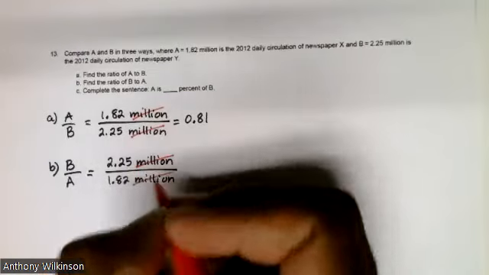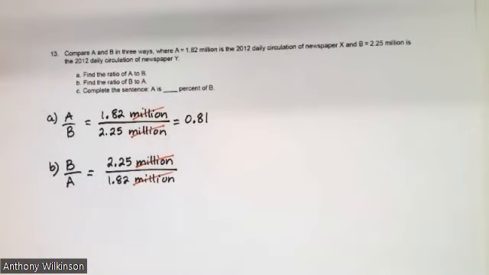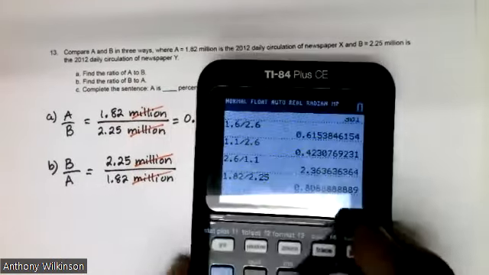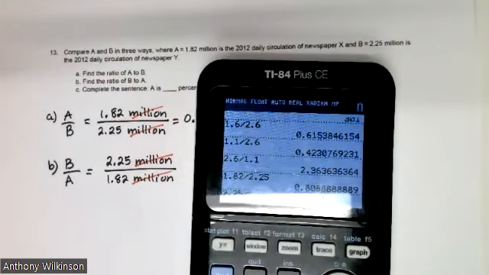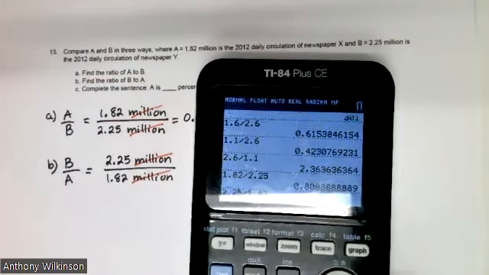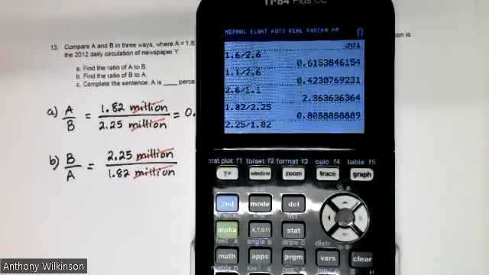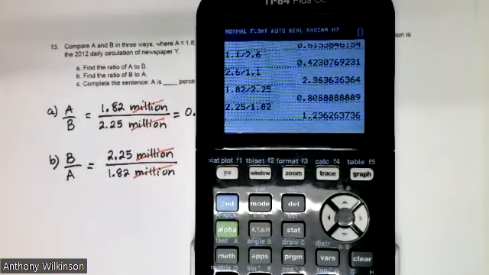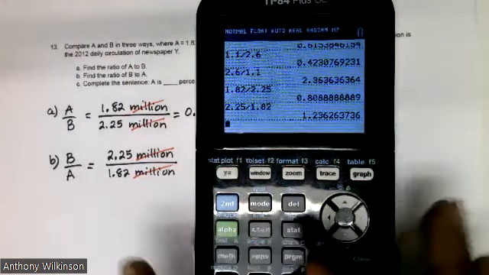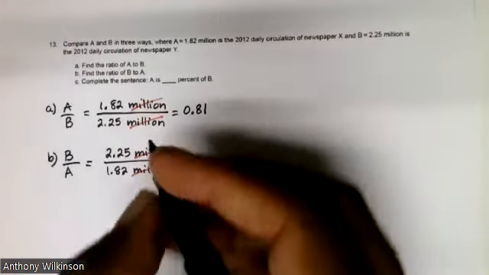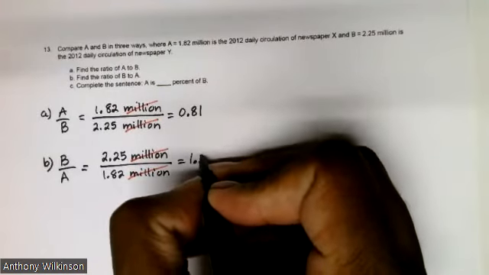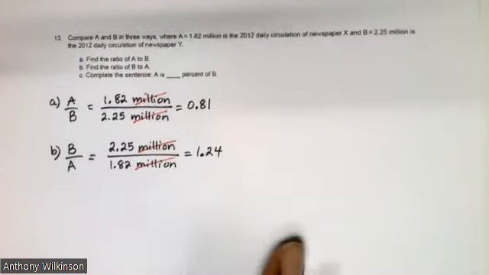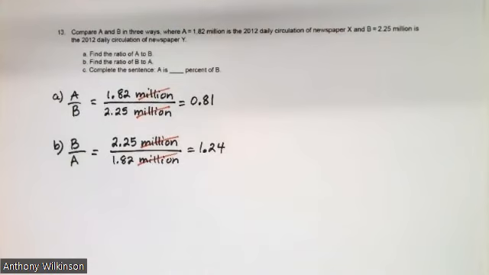The millions divide out, so 2.25 divided by 1.82. To 2 decimal places, it'll be 1.24. So the ratio of B to A will be 1.24.